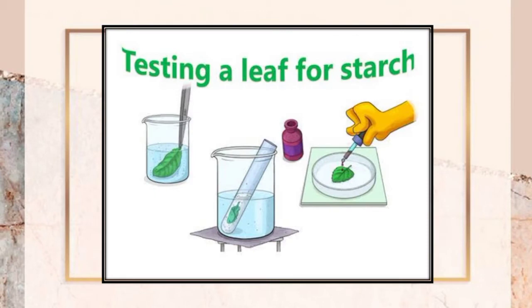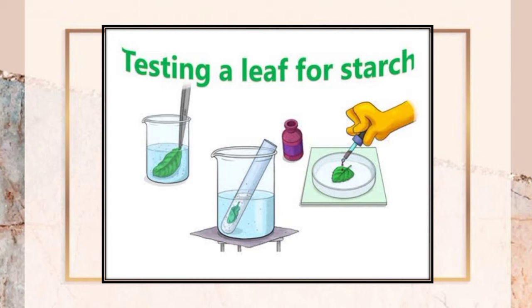Now the second experiment is testing a leaf for starch. Aim: to prove that light is needed by leaves for photosynthesis. Things needed are a potted plant, beaker, water, spirit, iodine solution, and dropper.